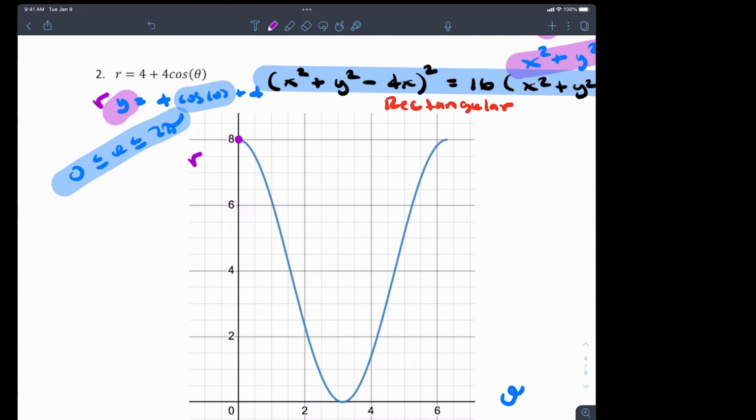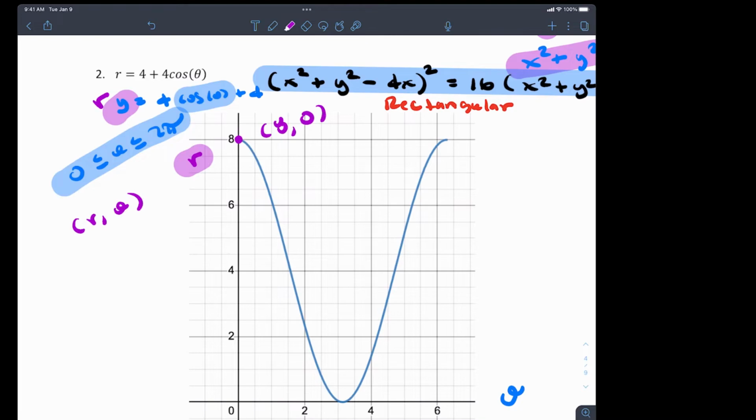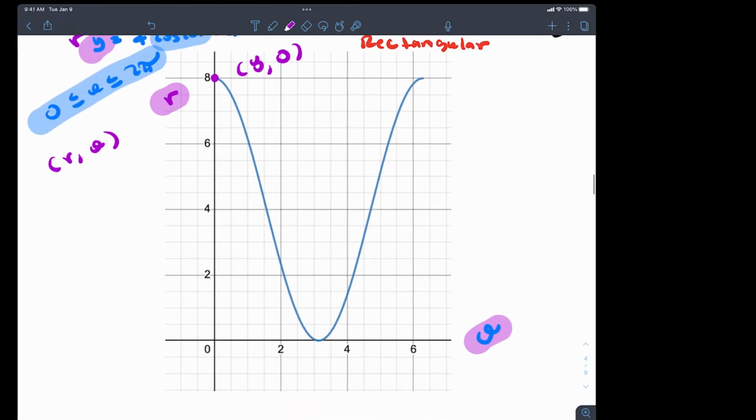That point is special. That address is what's the radius here? Do you guys see it? The radius is 8, but the angle is 0. This is now r, theta here, okay? R versus theta.